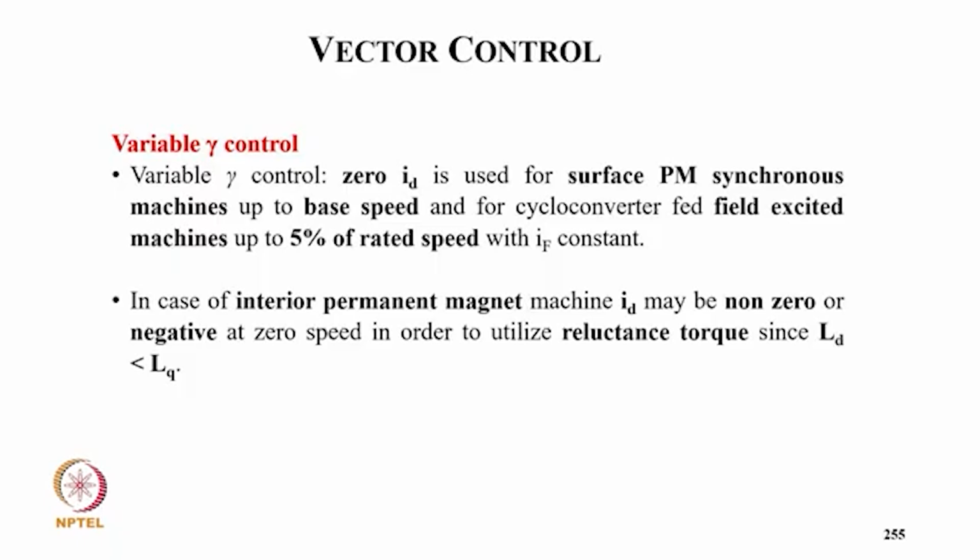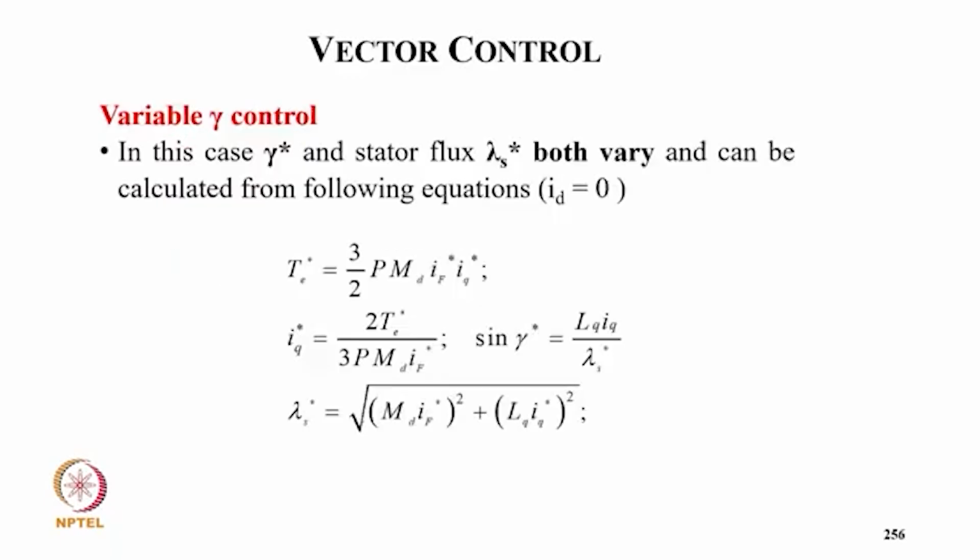And variable gamma control, that is ID equal to 0, is used for surface PM machines up to base speed, and then field weakening up to 5% of rated speed with IF constant. And in the case of interior permanent magnet machines, ID may be non-zero or negative at 0 speed, in order to utilize reluctance torque, since LD is much smaller than LQ.